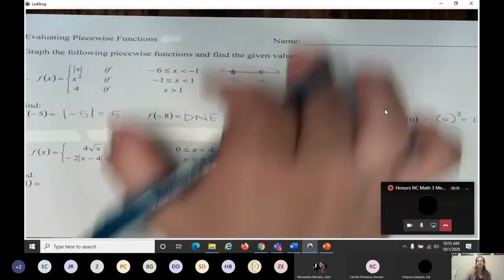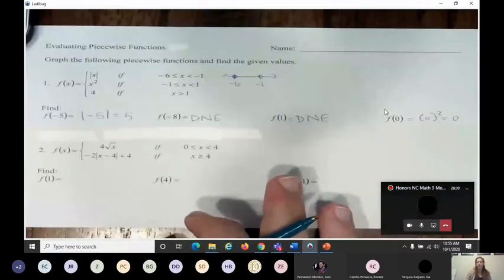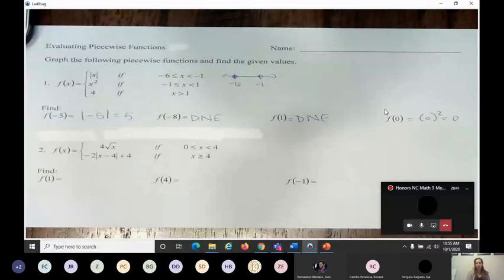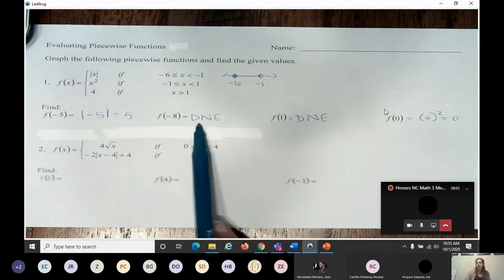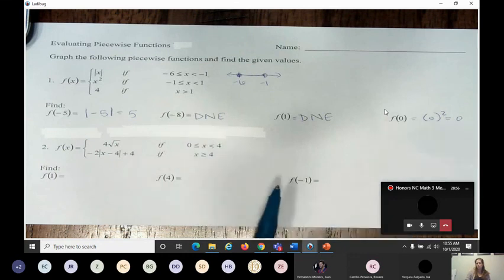What questions do you guys have on this before I start graphing it and we work on more complicated evaluation questions? Does everybody understand why these two do not exist?